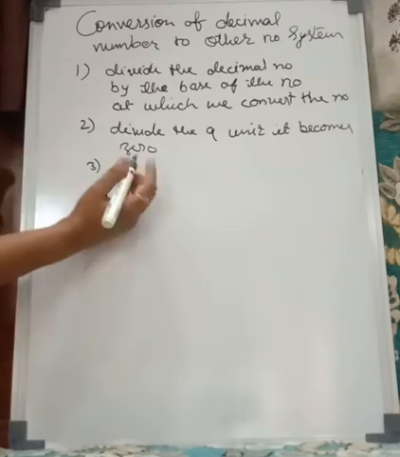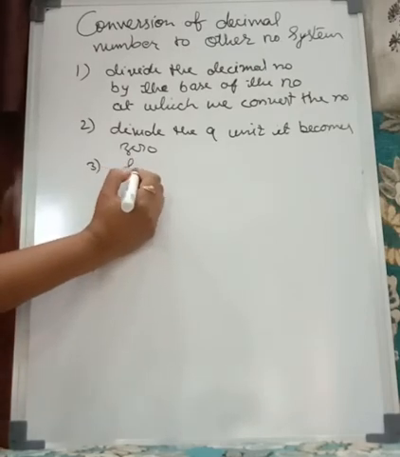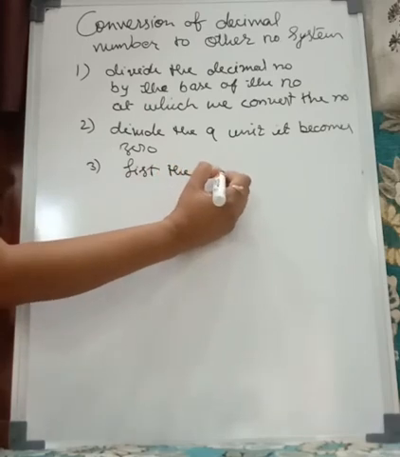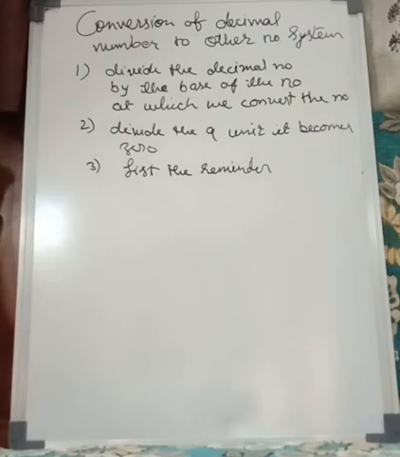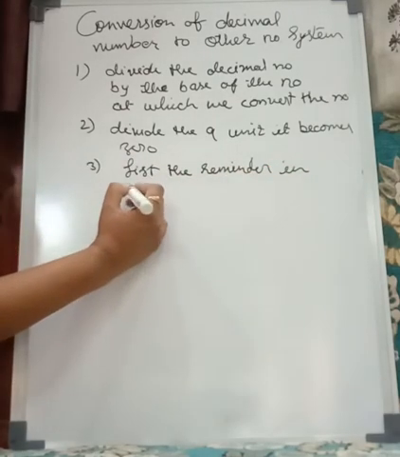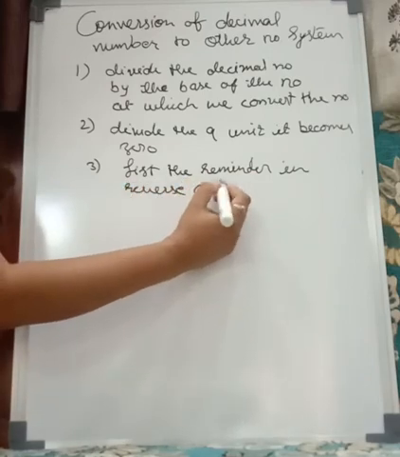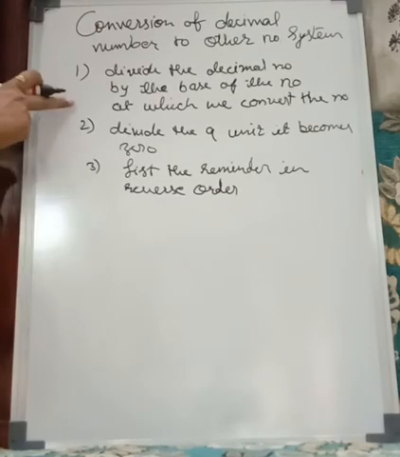So we list the remainders in reverse order. These are the things we need to do for the integer part.